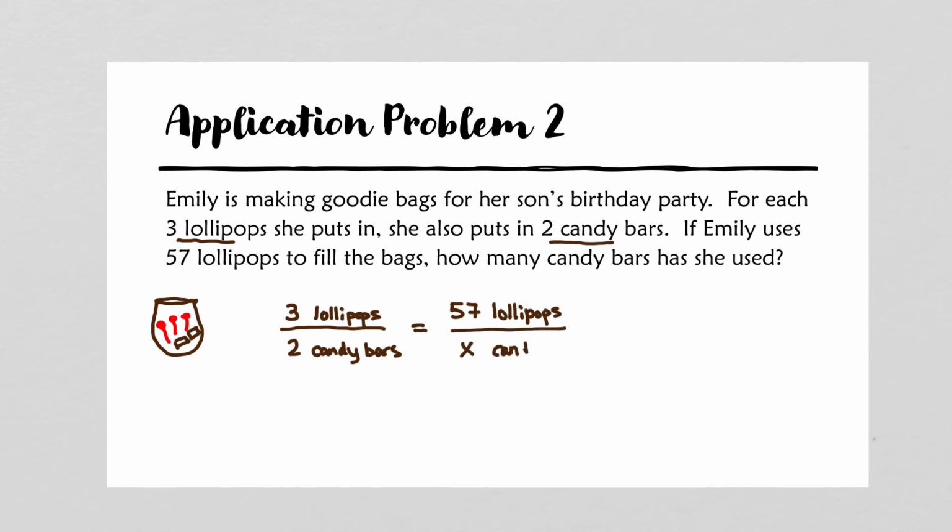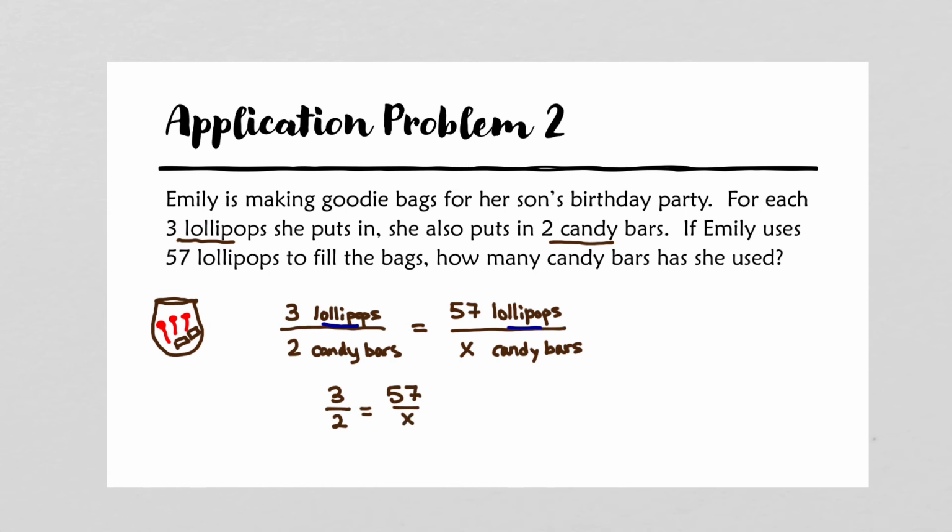Notice, because we don't know how many candy bars correspond to the 57 lollipops. What's important to note is that our units match. Lollipops are on top on both sides of this proportion. I can remove all of my units and write 3 is to 2 as 57 is to X.